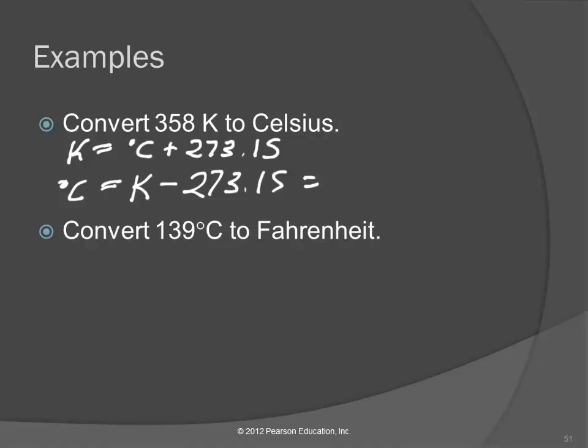So now we put the number in. I would highly encourage you to rearrange the equation first and then stick the numbers in. If you put the numbers in and then rearrange it, lots of bad things happen, mostly involving getting the answer wrong. So here we put 358 in for the Kelvin temperature, and we're going to subtract 273.15.